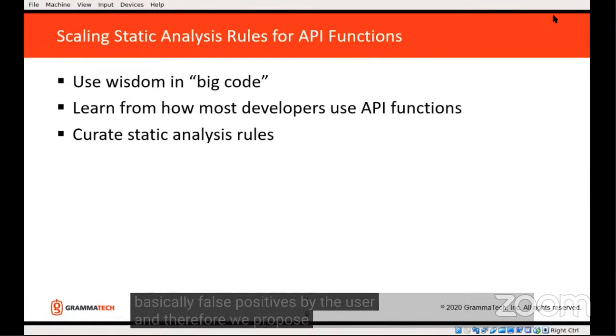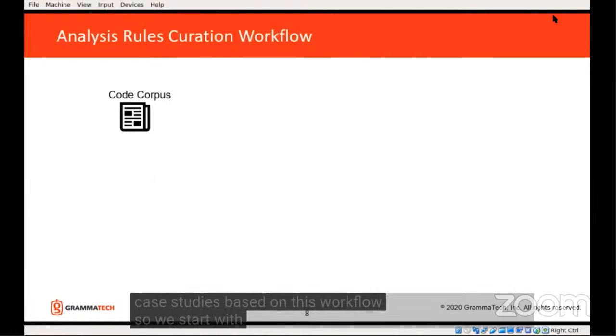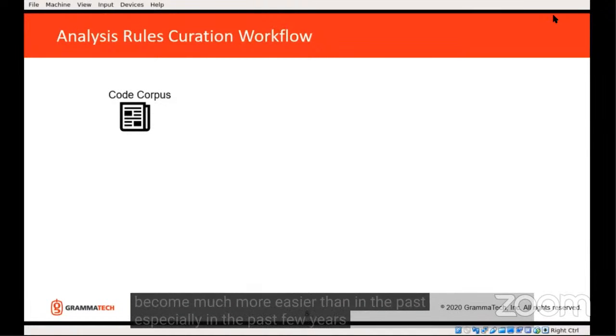Therefore, we propose a semi-automatic workflow for curating static analysis rules. Then I'll talk about a couple of case studies based on this work. So we start with a large code corpus, and acquiring this has become much easier than in the past, especially in the past few years.